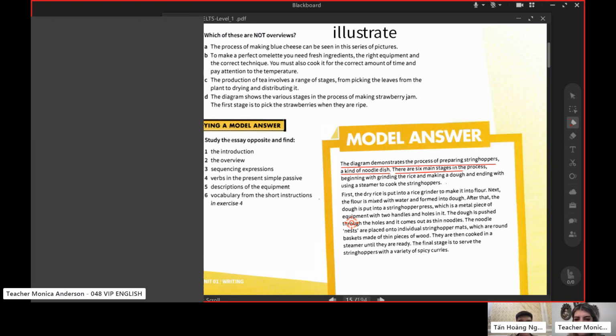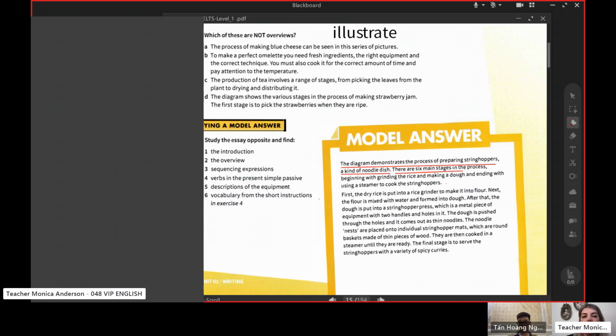The dough is put through the holes and it comes out as thin noodles. The noodles are placed onto individual string hopper mats, which are round baskets made of thin pieces of wood. They are then cooked in a steamer until they are ready. The final stage is to serve the string hoppers with a variety of spicy curries.